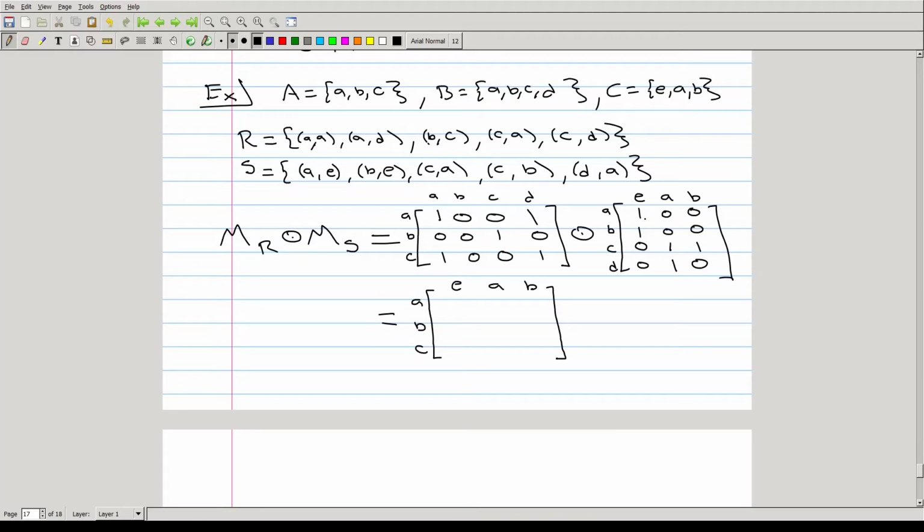Because you have 1 and 1 here, and an or, that's going to be 1. And you can go through and compute the other values relatively easily to get that it's going to be this matrix right here.